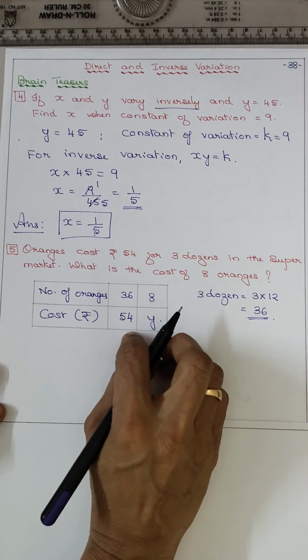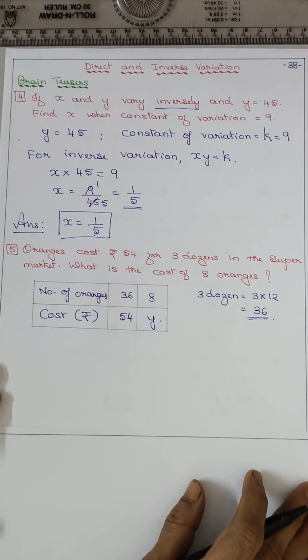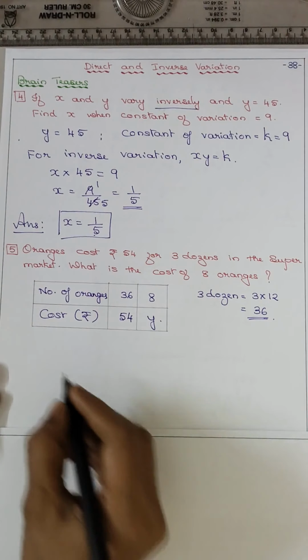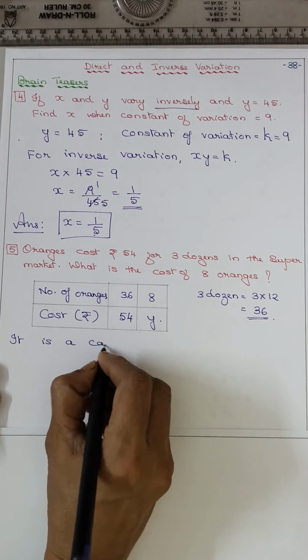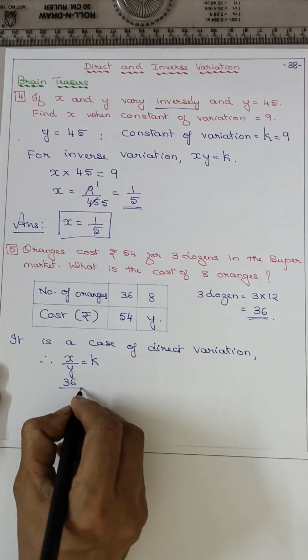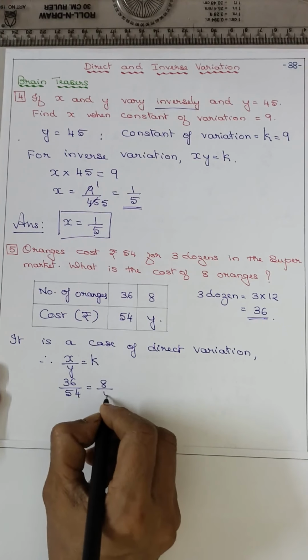ज़्यादा ऑरेंज का ज़्यादा कीमत और कम ऑरेंज का कम कीमत, है ना? So, which type of variation? It is a case of direct variation. Therefore, x by y is equal to k. So, 36 by 54 is equal to 8 by y.